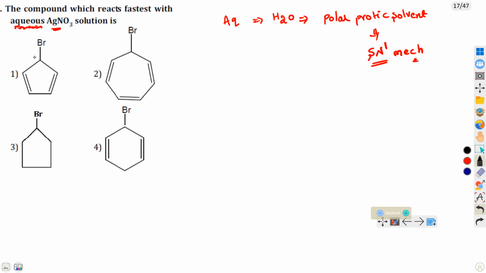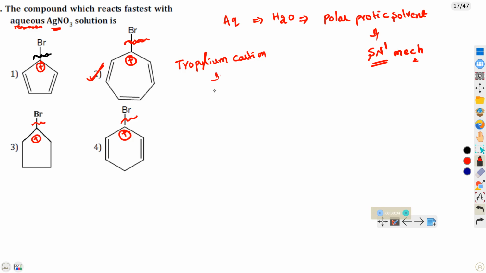First of all, break the bond. Then positive charge is obtained here. This is an alkyl halide. Alkyl halides participate in nucleophilic substitution reactions. Positive charge, break the bond, positive charge. No doubt, second option is the correct option because this is tropylium cation.